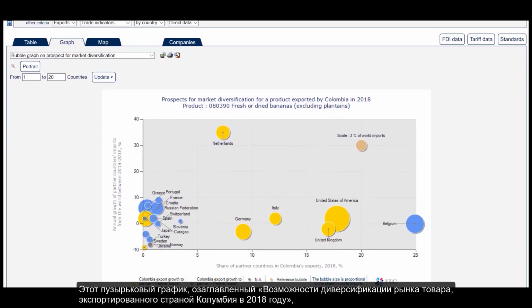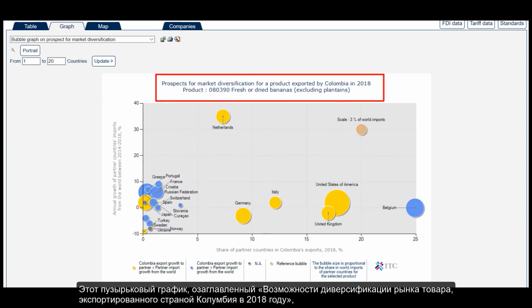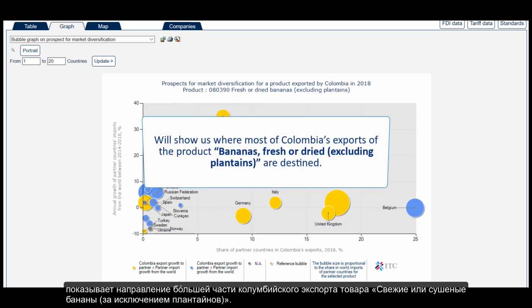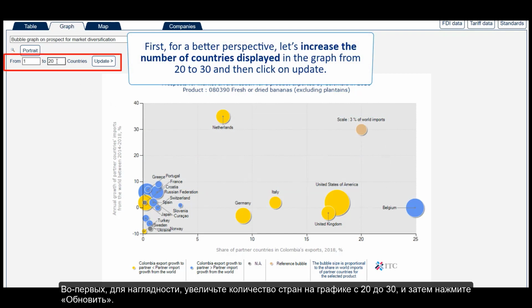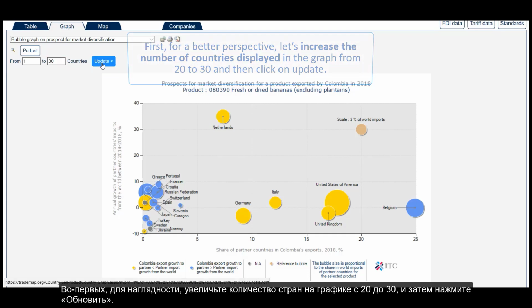This bubble graph, entitled Prospect for Market Diversification for a Product Exported by Colombia in 2018, will show us where most of Colombia's exports of the products, bananas, fresh or dried, excluding plantains, are destined. First, for a better perspective, let's increase the number of countries displayed in the graph from 20 to 30, and then click on Update.